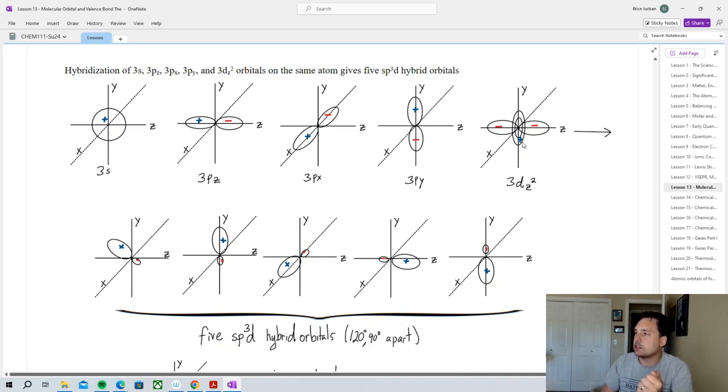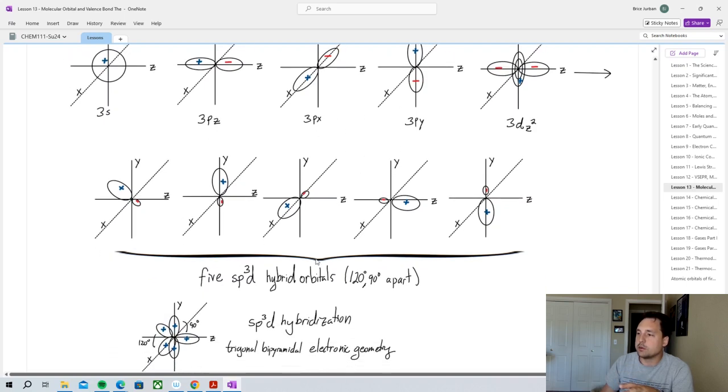We can make use of this donut-shaped dz squared orbital, combine it with the 3s and the 3p atomic orbitals of the third row to create 5 sp3d hybrid orbitals that are 120 degrees and 90 degrees apart.